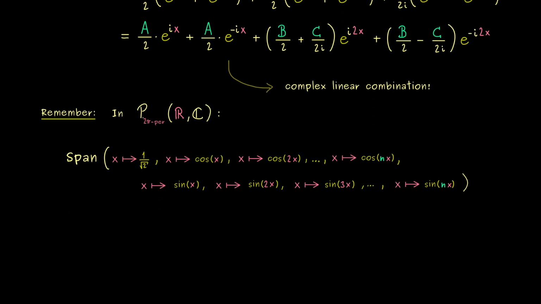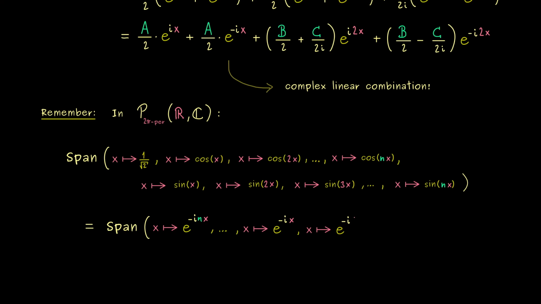And now, as we have learned before, this span can also be written with exponential functions. And there let's start with the one with the minus sign, so we have e to the power -inx. And then we just reduce this factor n to n minus 1 and so on until we reach 1. Then we already have n functions, and then comes the constant function.